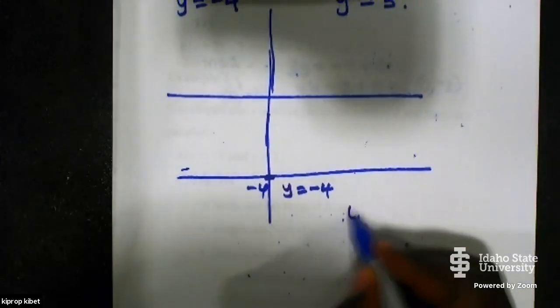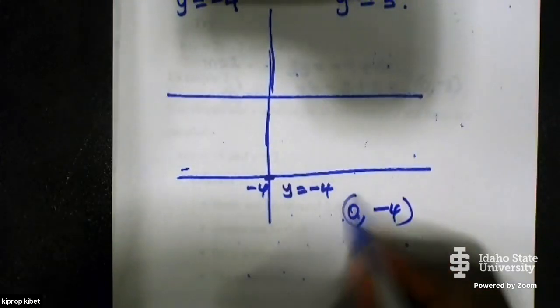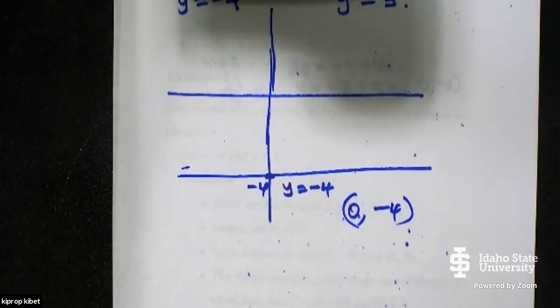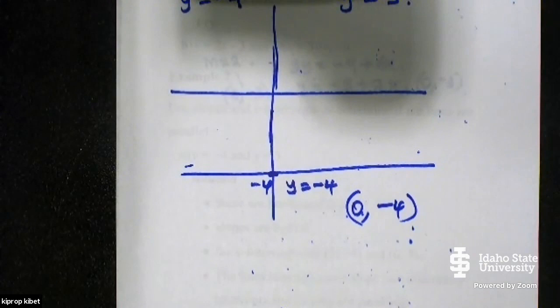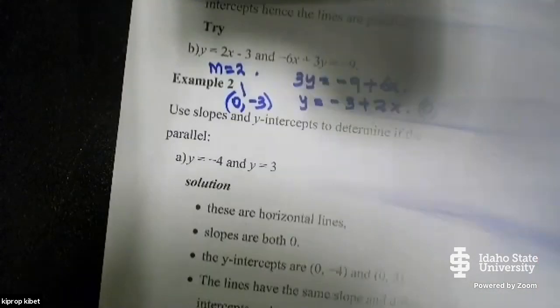So our point is 0 and -4. Now the next one also, y equals 3. So the slope is what? 0. So the y-intercept is 0 and 3. So that means this one is a parallel line.